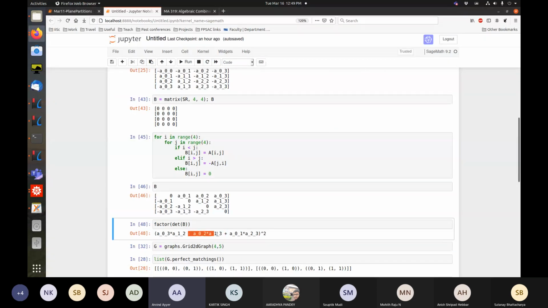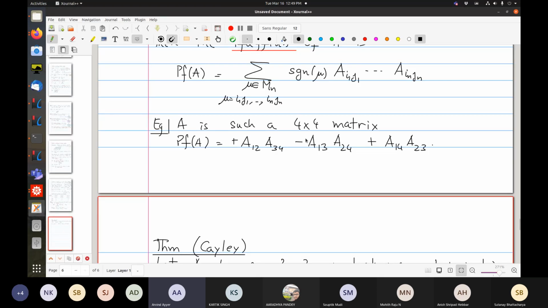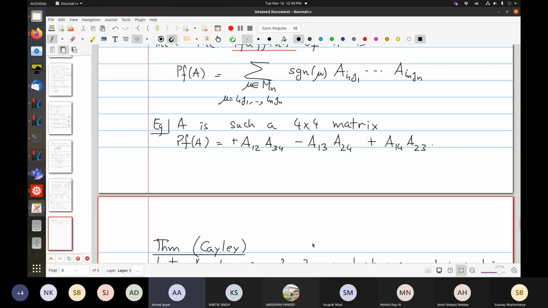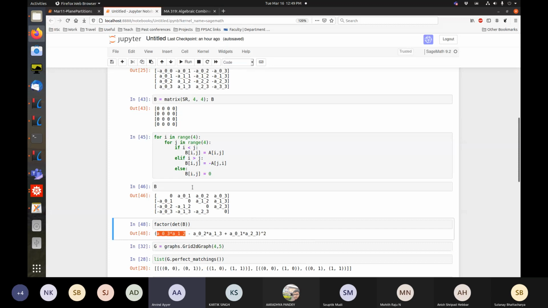And this one is A13, A24. That's this one with a minus sign. And this is also with a plus sign, A14, A23. Okay. So the determinant of this matrix B is exactly the square of the Pfaffian.